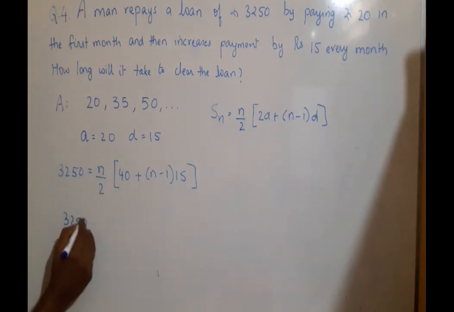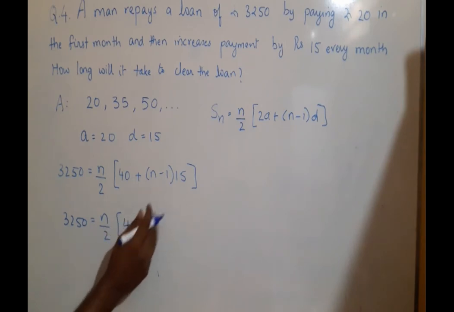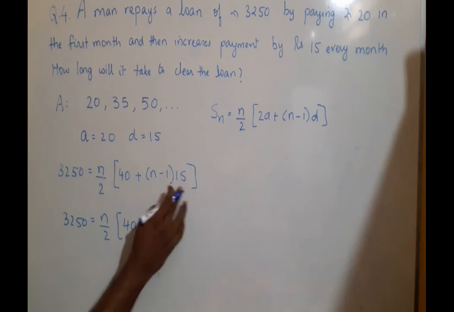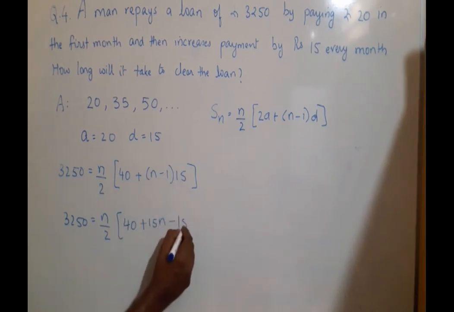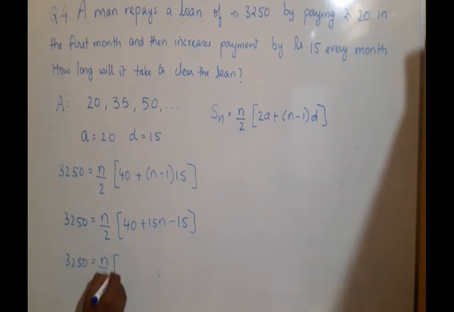So 3250 equal to n upon 2, 40, 15 into n is 15n, and 15 one side is 15. So we have 3250 equal to n upon 2, 40 minus 15 is 25 plus 15n.